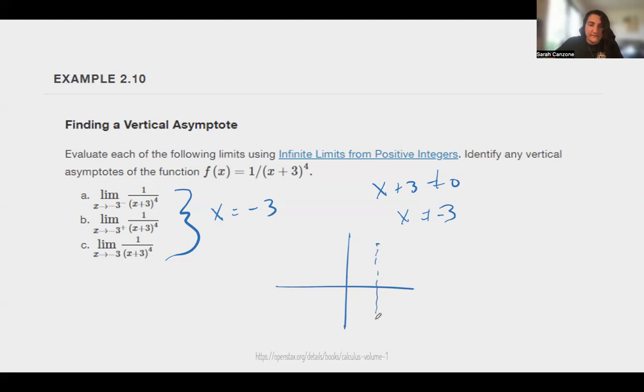Any negative number to an even power will be even, and any positive number to an even power will be even. Your function will look something like this, and so all of your limits here will be equal to positive infinity. You can go ahead and check that if you want using your table method.